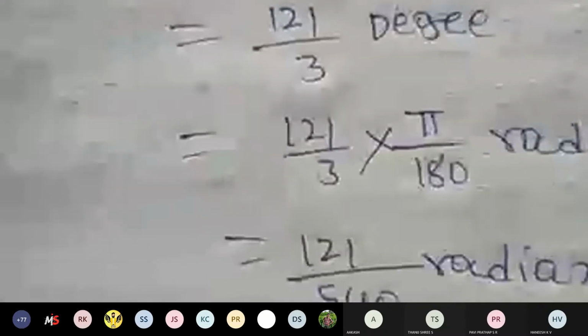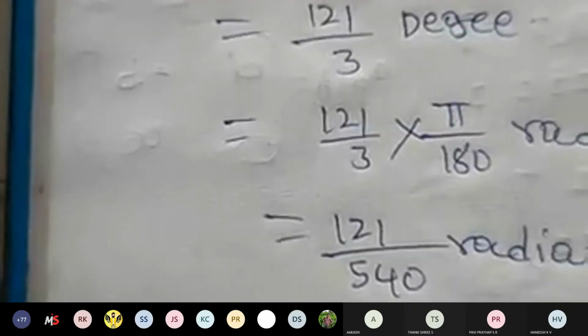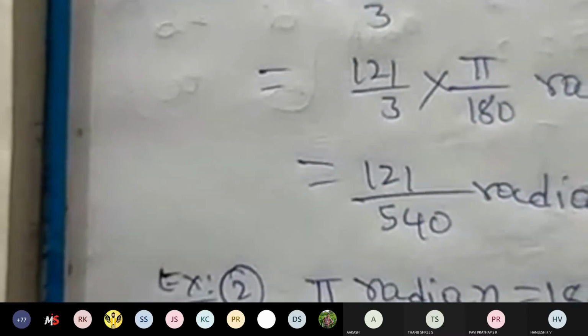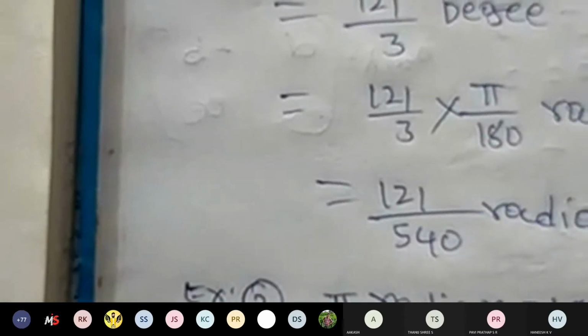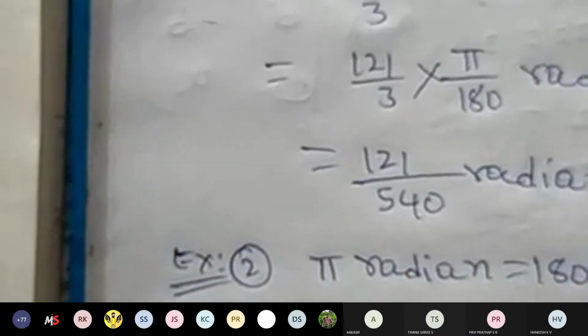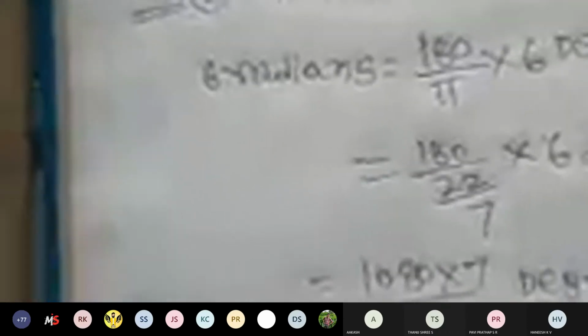So pi radians is equal to 180 degrees, so 6 radians means 180 by pi into 6 degrees, that is 180 into 6, which is 1080, and the denominator 7 will come to the numerator, so into 22 degrees. This calculation you can do: 343 and 7 by 11. Then convert into degree measurement.